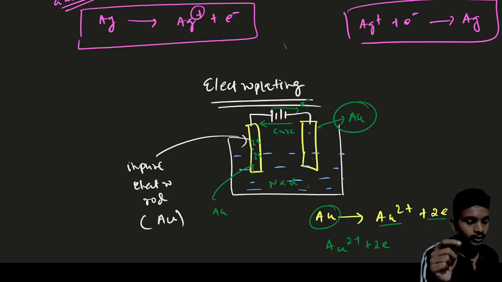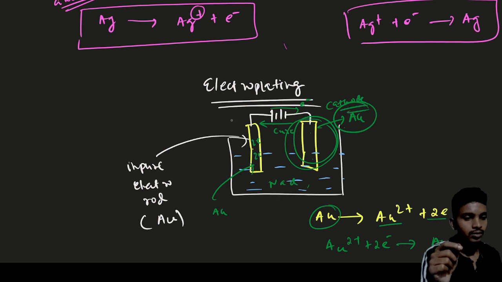and now this is another Au, which will have a positive charge and thus accept the 2 electrons and form Au. It means with time the size of this Au increases. It means that this is the cathode, this is the anode.